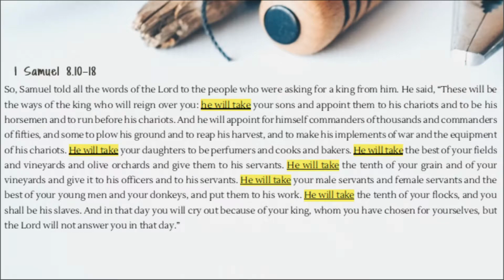If you dethrone me and put someone else on the throne, he's going to take, because our enemy steals, kills, destroys, right? So if you put something else on the throne of your heart, it's always that they're going to take. Okay, so he will take, and that's 1, 2, 3, 4, 5, 6 times that phrase is used. Yep, which is the point of this text.